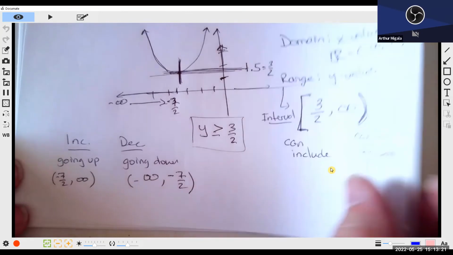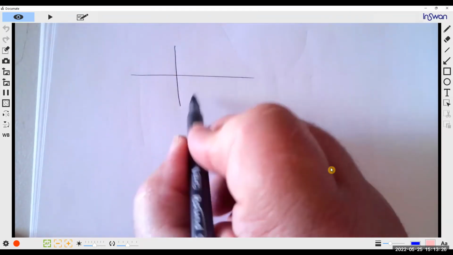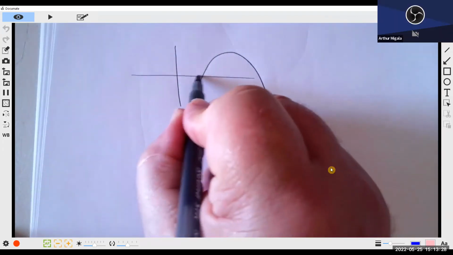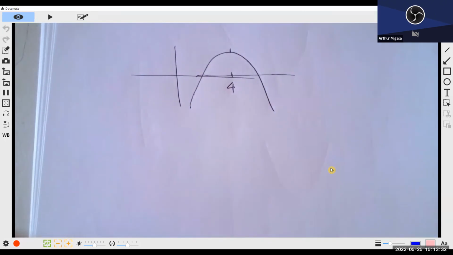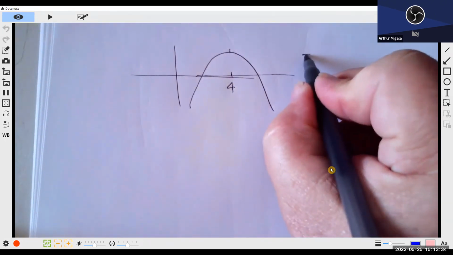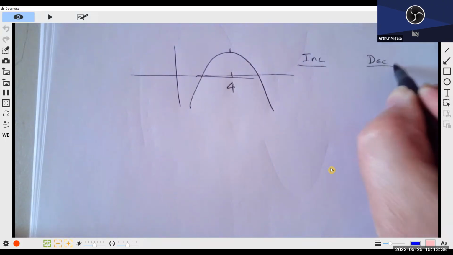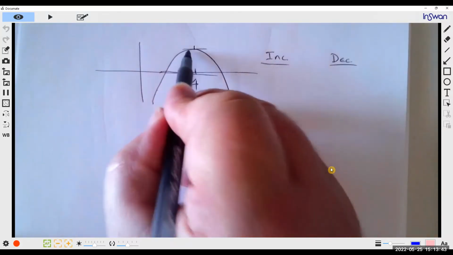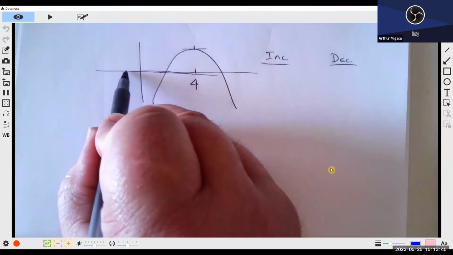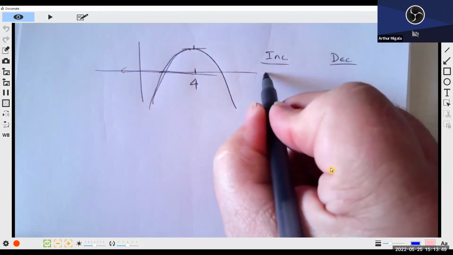So now if we had a negative graph, let's say we had a graph that looks like this, and the vertex was at 4, the increasing and decreasing would change. Because everything to the left of 4, it's going up. So that's where it's increasing.